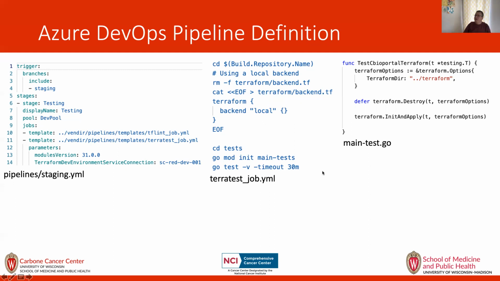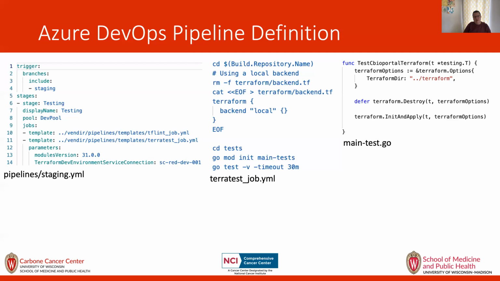And then I'm telling TerraTest to run. And you can see we have a very simple test here. We're telling Terraform to do an init and apply, and then we're telling it to destroy those resources when they're done. So this is fairly basic.